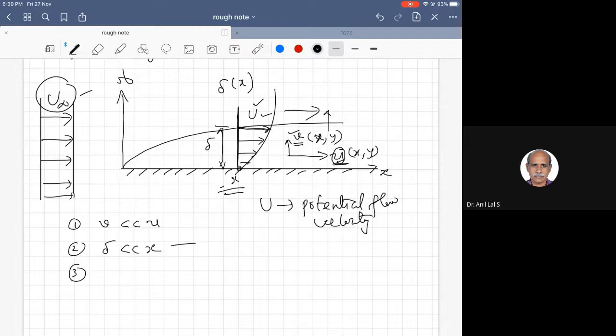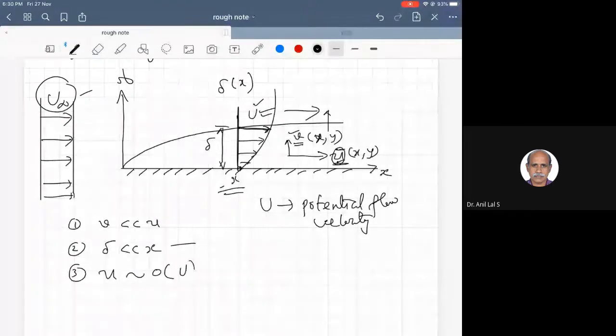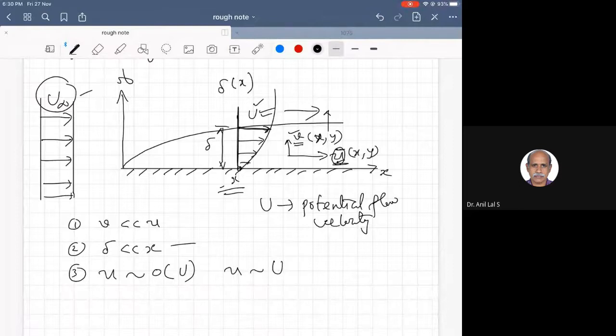And small u varies from 0 to capital U, right? On the wall it is 0, but in general it can be approximated to have an order of magnitude similar to that of capital U. So this is written as u being of the same order as capital U.